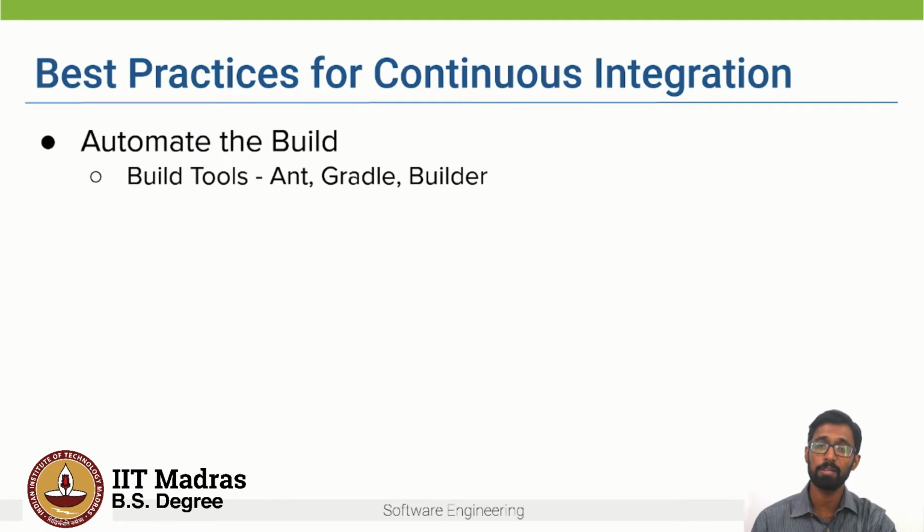For example, in Java, you have Ant and Gradle, and Node.js has a build tool known as Builder. So all of these tools can help you automate the entire building process. It's just that you have to write some scripts with the correct configurations, and these tools will help you automate the entire build.